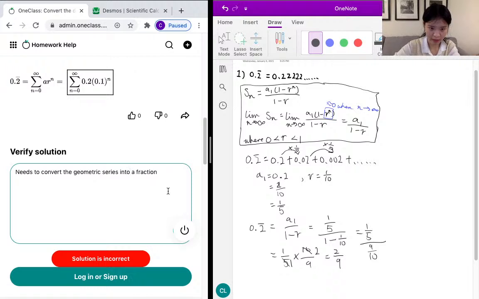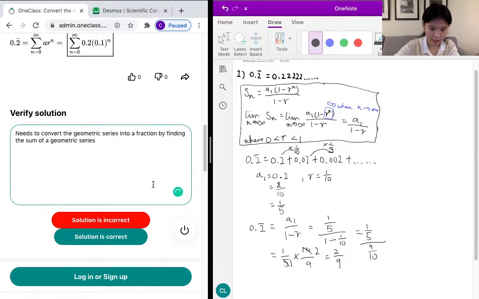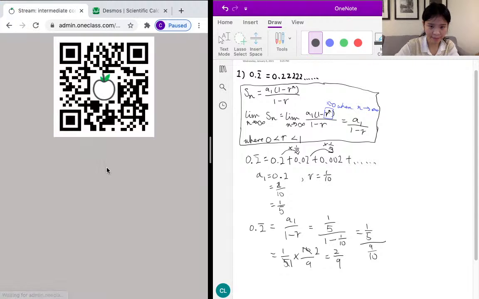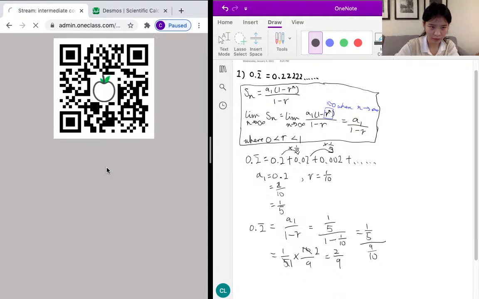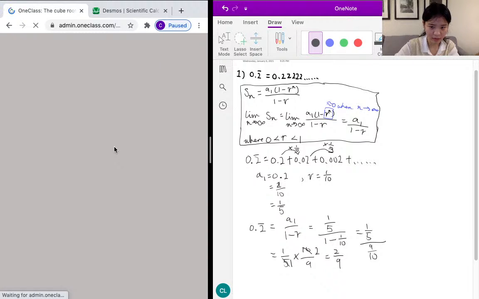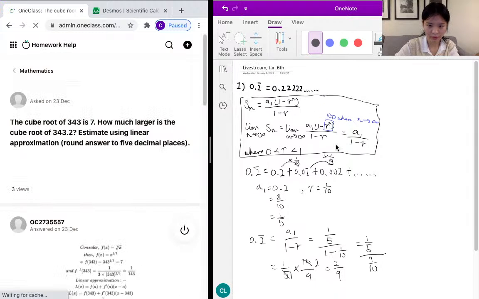And let's give them a hint: try finding the sum of a geometric series. The solution is correct, but it's not complete, so let's just say it's incorrect. Cool, so it's working.